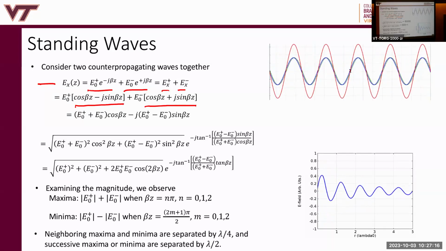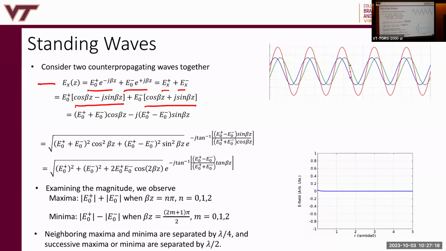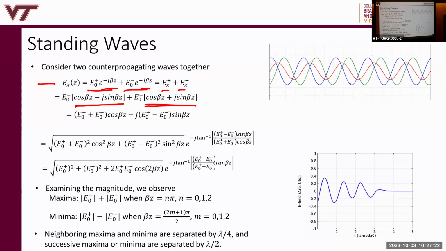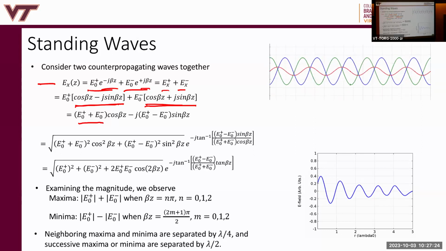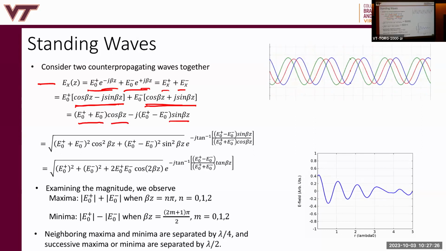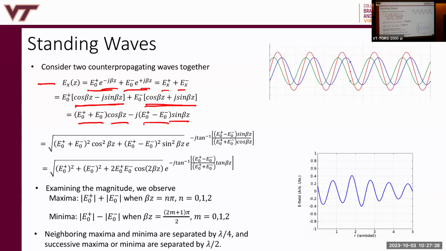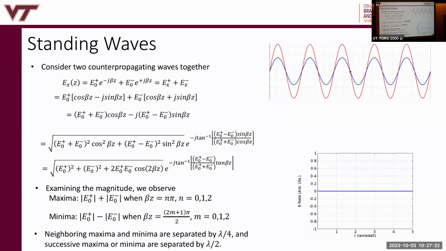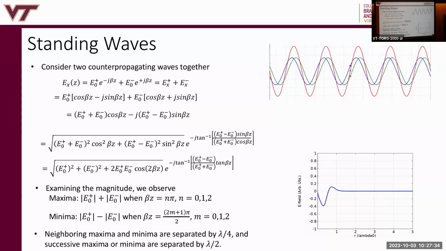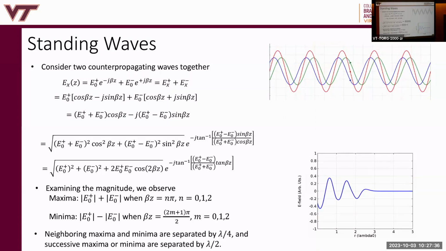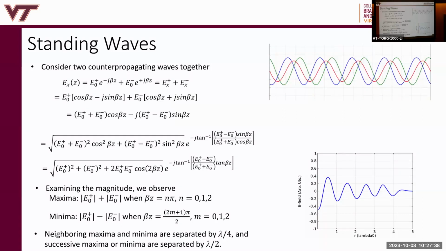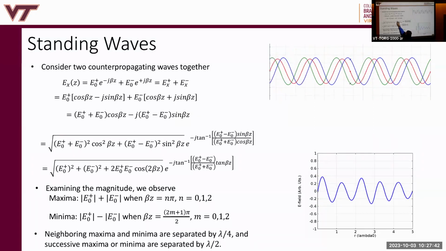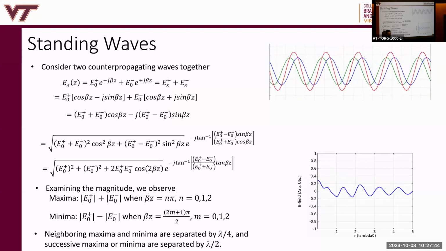Let's understand that mathematically. Here we expand these exponentials in terms of cosines and sines. Then we can combine them: E_0^+ plus E_0^- times cosine of beta z, minus j E_0^+ minus E_0^- times the sine of beta z. There's a formula to combine an expression like a cosine plus b sine that have the same argument.